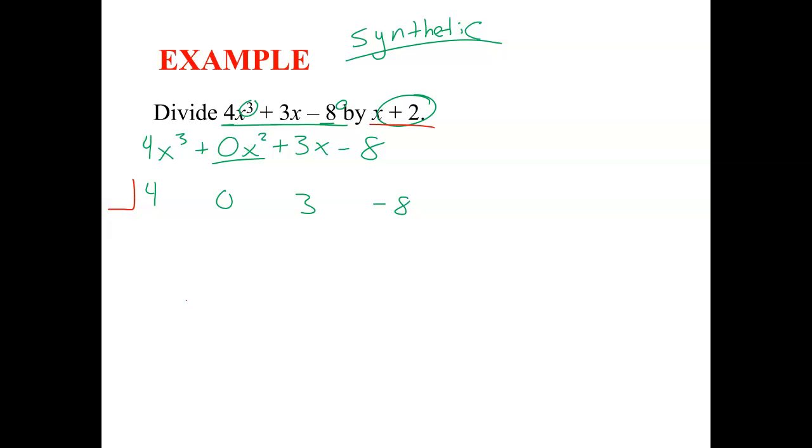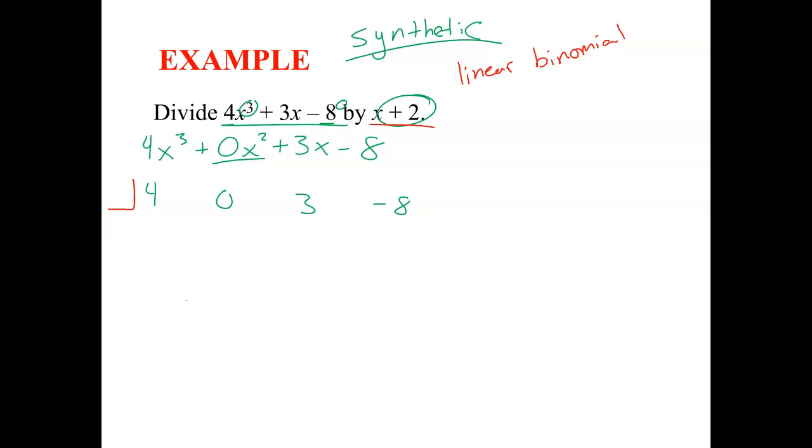In order to do synthetic division, our divisor has to be a linear binomial. How can I tell if an expression is linear? Slope.